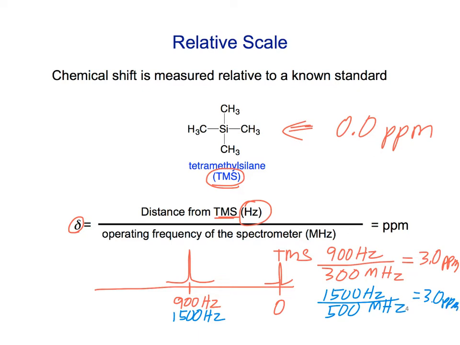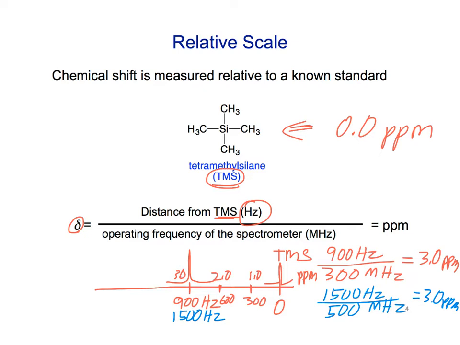So for a given field strength, we essentially have something like this. Here, this is in parts per million. This would be 1.0, this would be 2.0, 3.0 on up. If we looked at the scale in hertz, this would be 300 hertz, 600, 900. So in a 300 megahertz NMR, we have 300 hertz per every part per million.